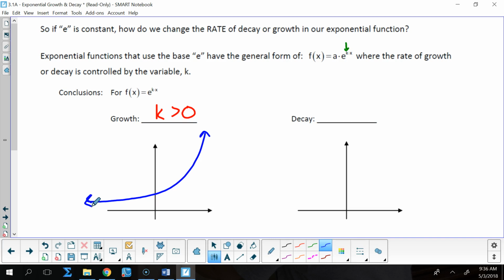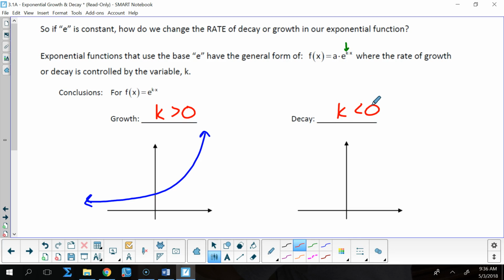The bigger that k is, the faster it's going to grow. The smaller that k is, as long as k is positive, the slower it will grow, but it will still grow. It's an exponential decay if k is negative.